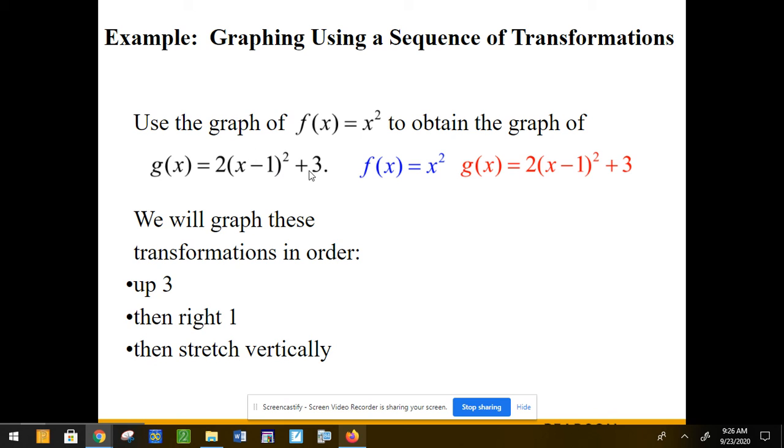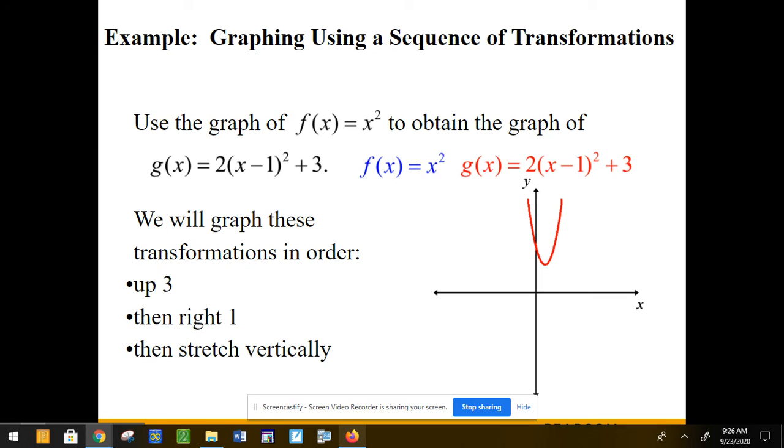The plus 3 on the outside is going to move it up 3. The minus 1 on the inside is going to move it right 1. And then the 2 multiplier on the outside is going to vertically stretch it. So you start with your quadratic function, you move it up 3, then you move it right 1, and then you stretch it vertically.